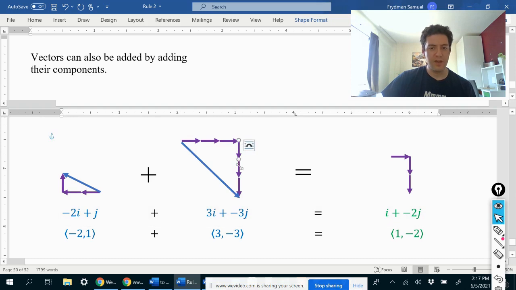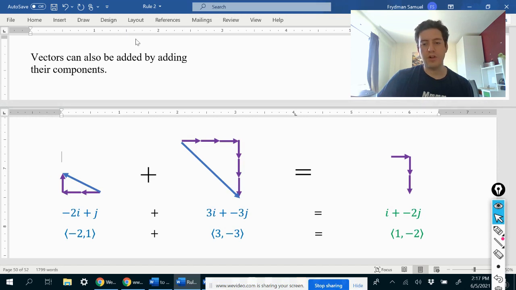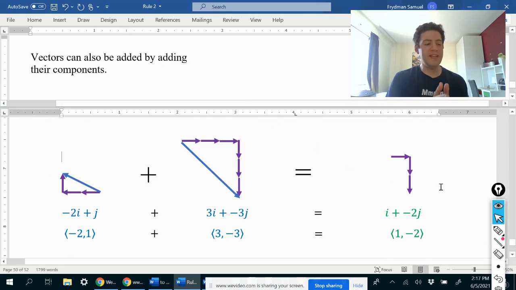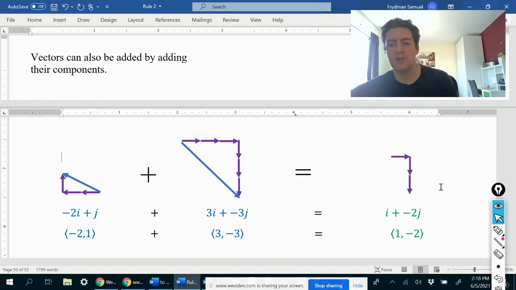Notice that these vertical vectors are moving down, which is why we have this negative 3 in front of the j instead of positive 3. Okay, what would the result of that be? Well, we could simply add them component-wise, and then I'm going to add them the other way, and you can see that we get the same answer.